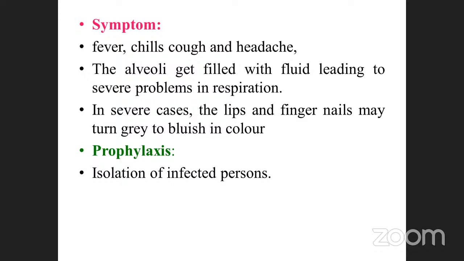This is also another one. In severe cases, suppose the pneumonia is severe, what will happen? The lips and fingernails may turn grayish blue in color. That's why I told you here. I told you when a pregnant woman is affected by this disease, the baby is called what? The blue baby.